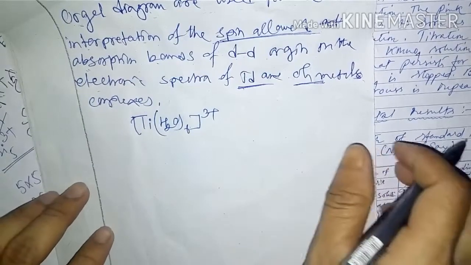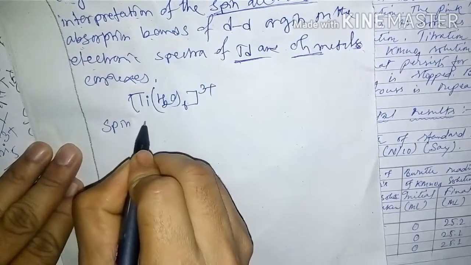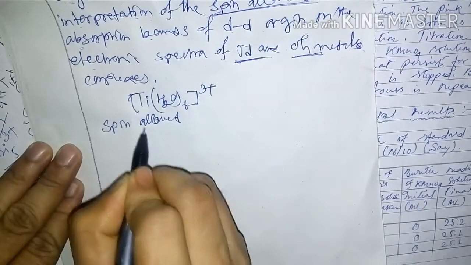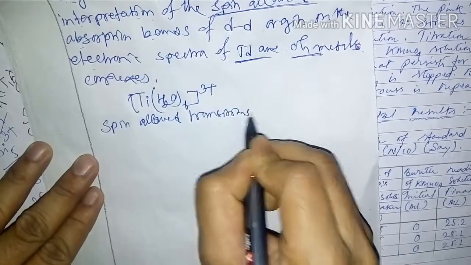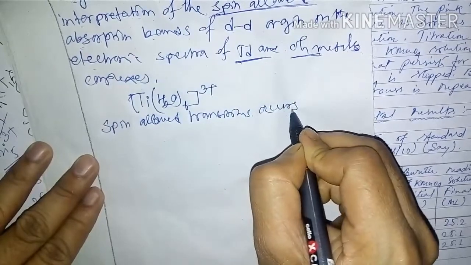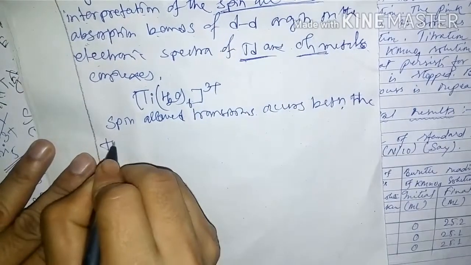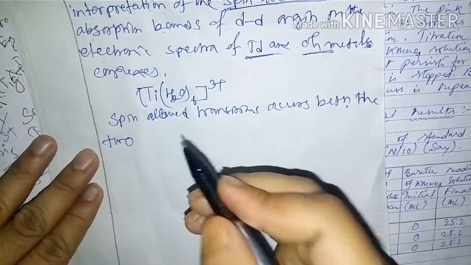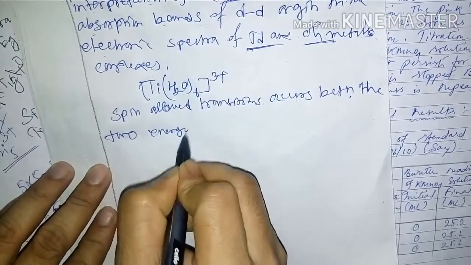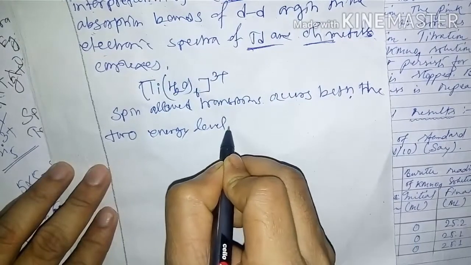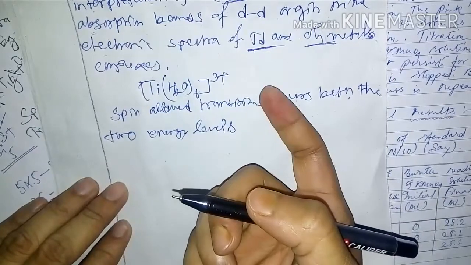Another point: spin allowed transitions occur between two energy levels, maybe T2g or Eg.